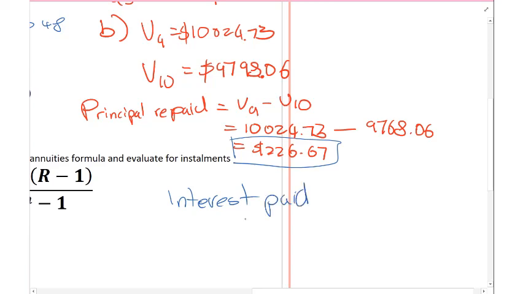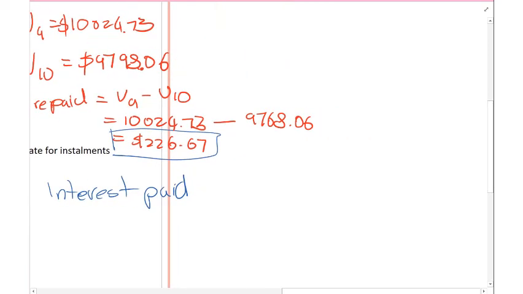and the interest paid, okay, is going to be the repayment minus the principal repaid.